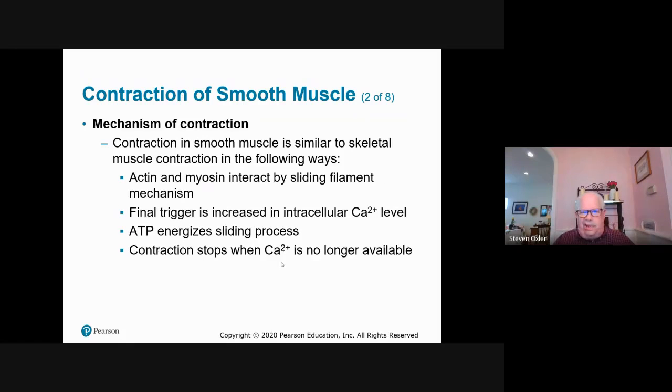The contraction of smooth muscle is very similar to skeletal muscle in that the structural proteins, actin and myosin, interact by the sliding filament mechanism. And the final trigger is calcium. And ATP energizes the sliding process. And when the contraction stops, it's because there is no more calcium.